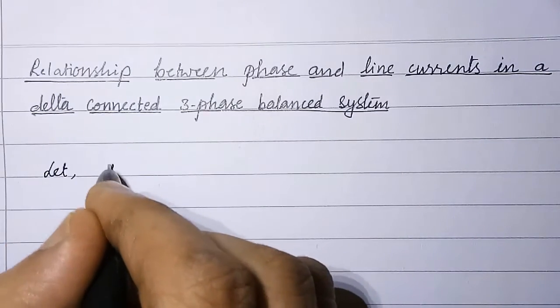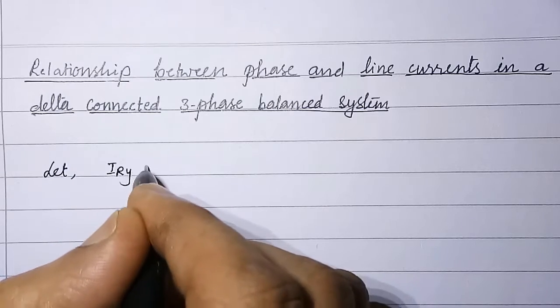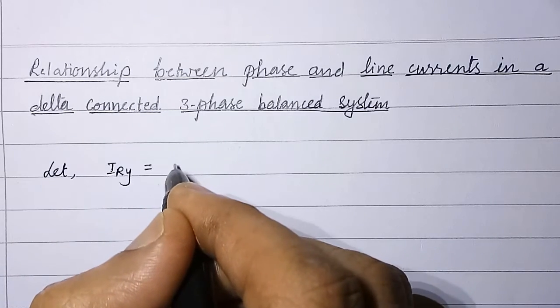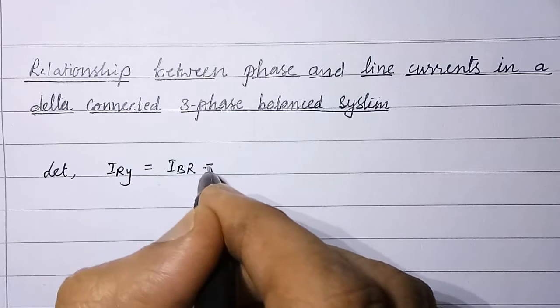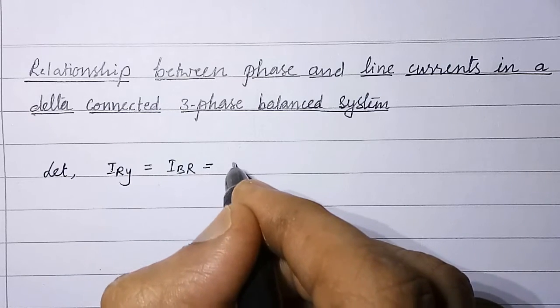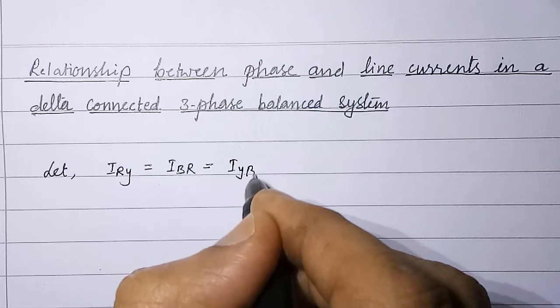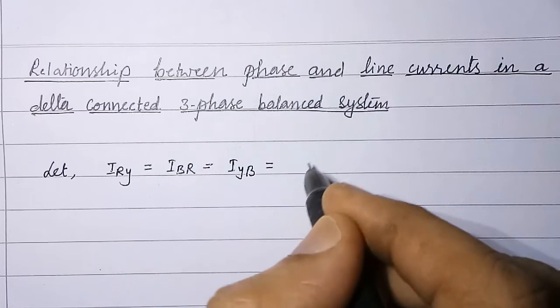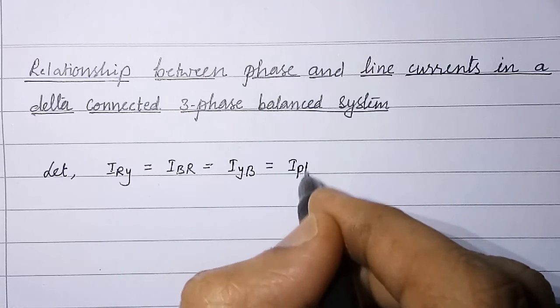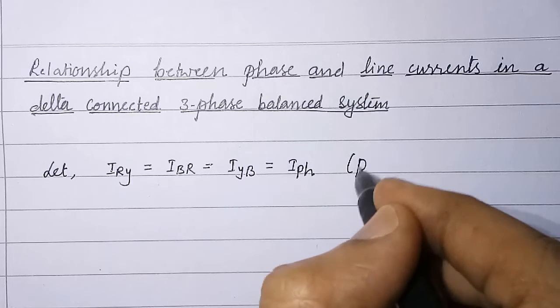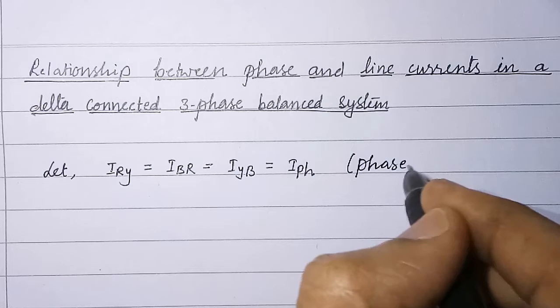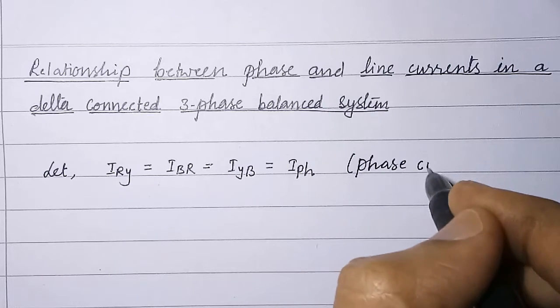Let IRY equal to IBR equal to IYB equal to IPH, the phase currents.